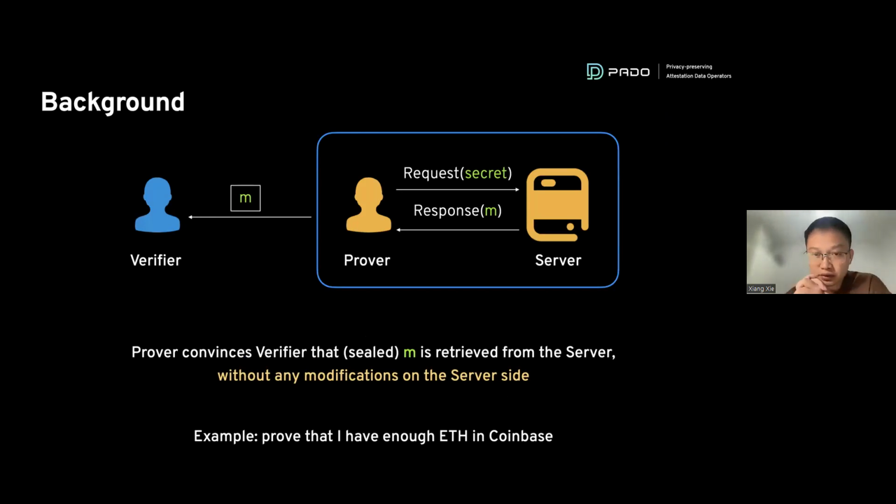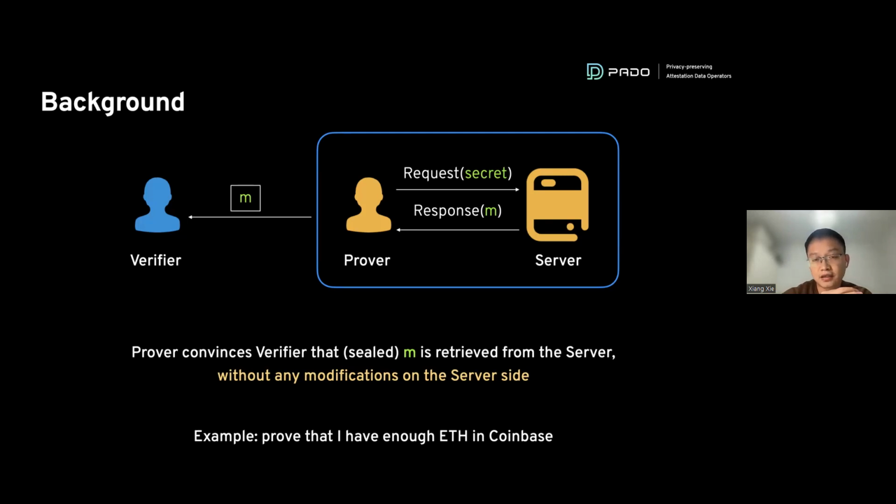So the problem is as follows. There is a prover or client who has some information stored in a server, and there is a way for the prover to query and get it from the server. So for example, you have a password and an API key, and then you can access a server and get your private information.